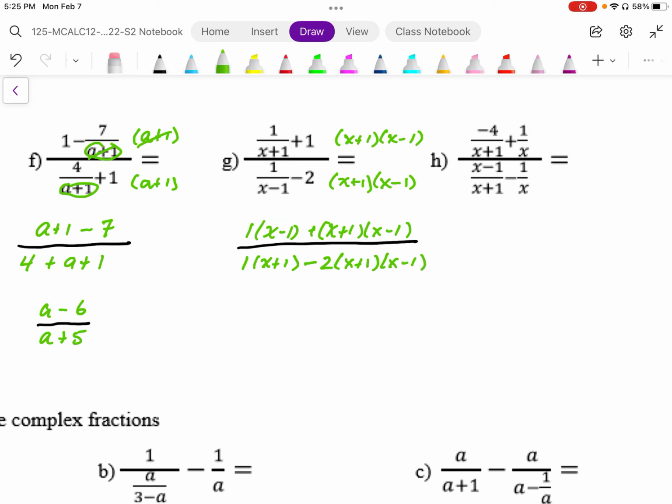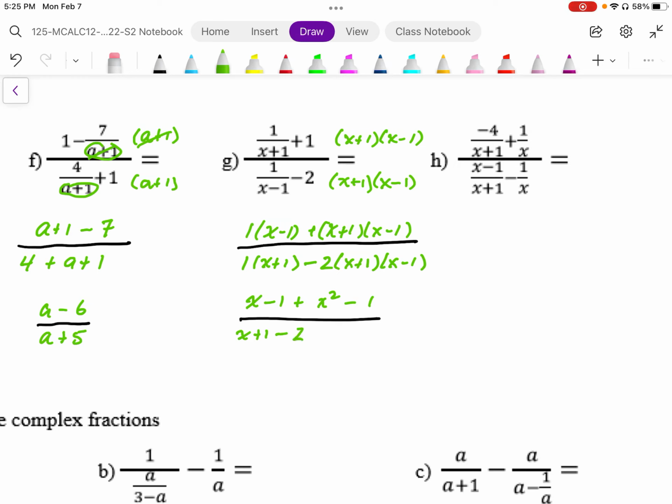So now I just have the numerator and denominator. I can combine like terms and see what kind of factors I'm dealing with. So I end up with x minus 1 plus x squared minus 1. That's my numerator. In the denominator, I'm going to end up with x plus 1 minus, I have to be a bit careful here.